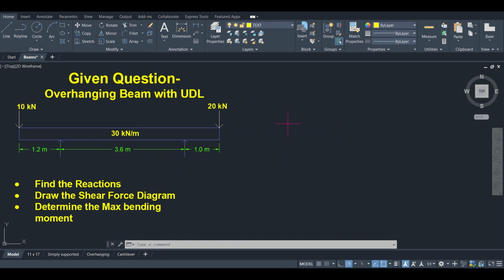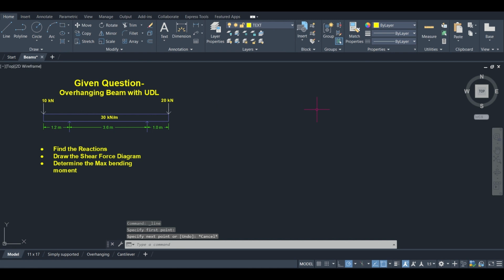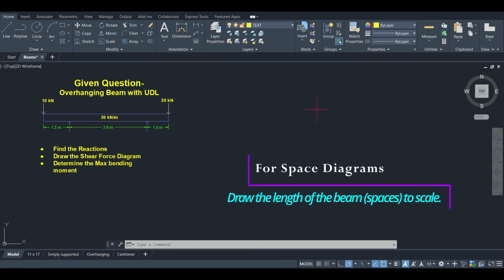And now we are going to start drawing so that we can have our free body diagram to represent what is in this question. So we have a distance of 1.2, 3.6, and 1.0. Remember, on our space diagram, which is our free body diagram, we represent the spaces to a suitable scale.